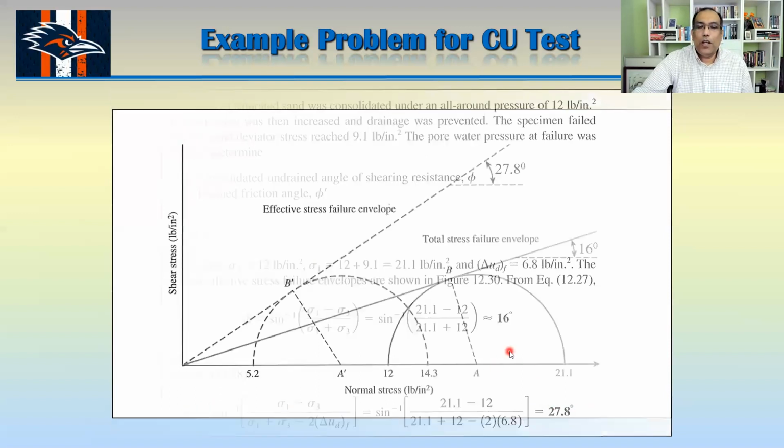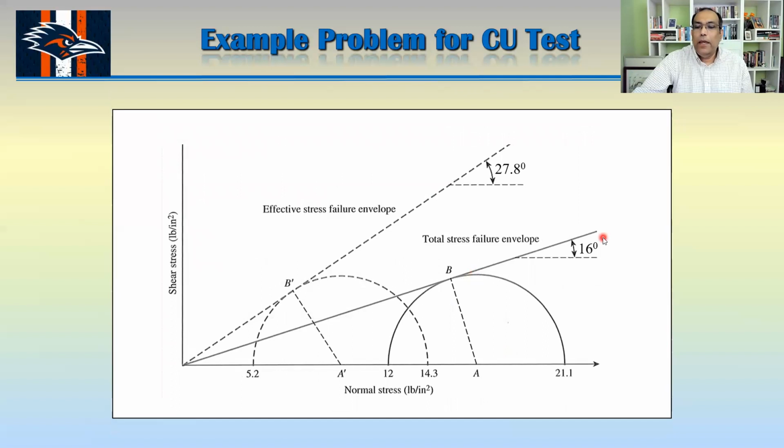So if I show that one in this figure, you can see that one is 27.8 and this one is 16. And again, this is basically your sigma 1 of 21.1 minus 6.8. That's actually 14.3. So the difference from here to here is actually your pore water pressure at failure.